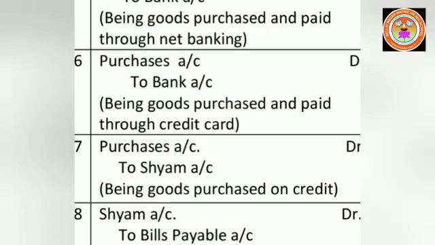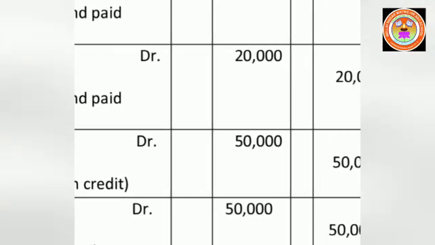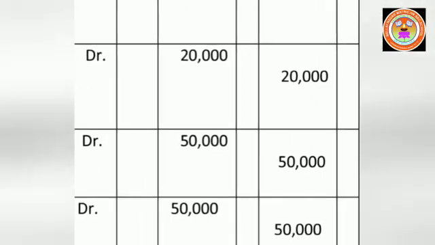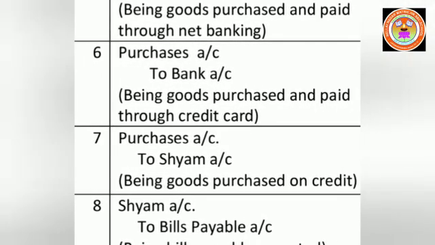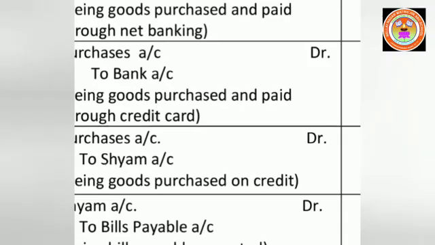Shyam is the giver. Here we are using personal account rule, so Shyam account must be credited. Write to Shyam account, amount rupees 50,000, same amount. Write the narration being goods purchased on credit.